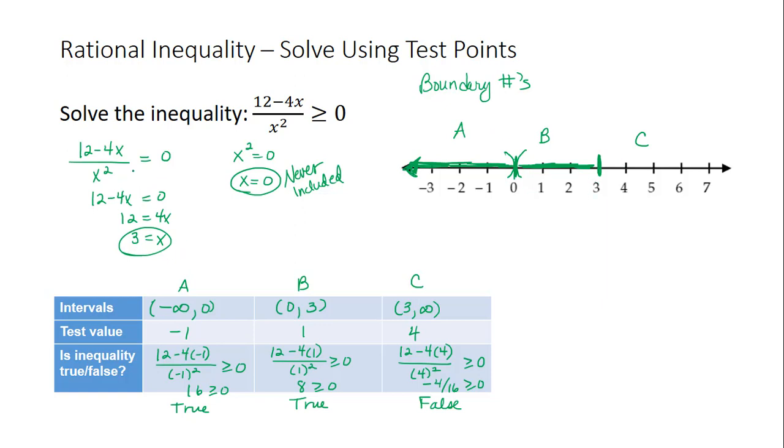The 3 came from where the expression was equal to 0, and I am permitted to find where the expression is greater than or equal to 0, so 3 can be included in my solution set. So I put a bracket at 3. Therefore, my solution set is negative infinity to 0, parenthesis, union, parenthesis 0 to 3 with a bracket.